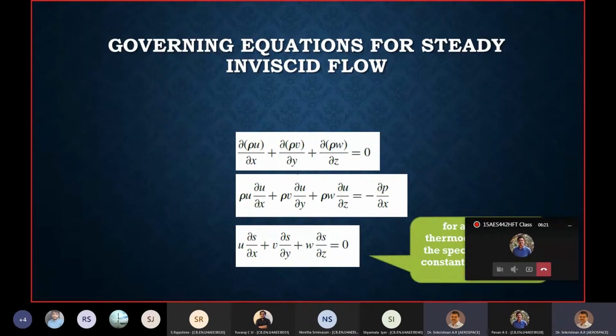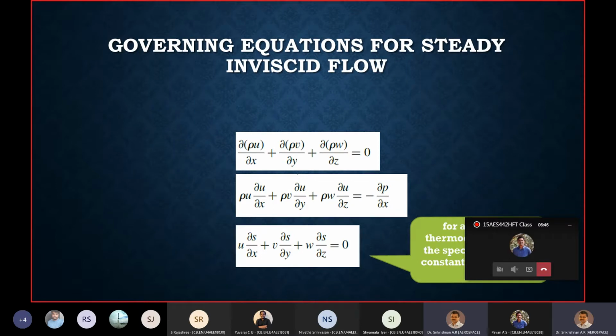For the first time in this course, now we are looking at the governing equations. Governing equations for steady inviscid flow. Even that, the energy and the momentum equation, I have just written for the x direction. So you have two other components for y and z directions, because momentum is a vector.